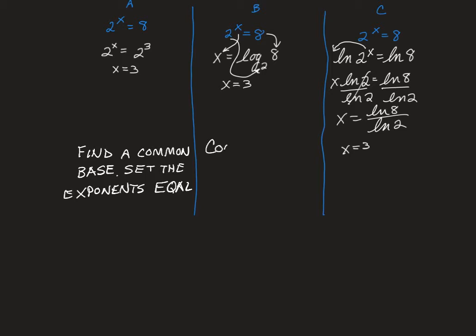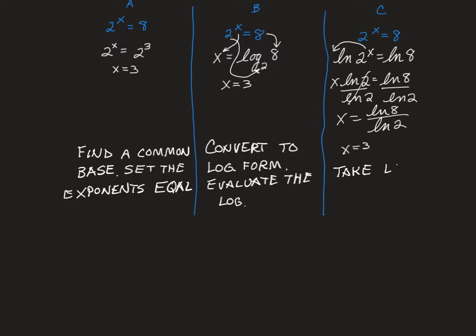So for this one, we're going to convert to logarithmic form, and then evaluate the log. And the third method I've shown you, to do that, you take the log of both sides.